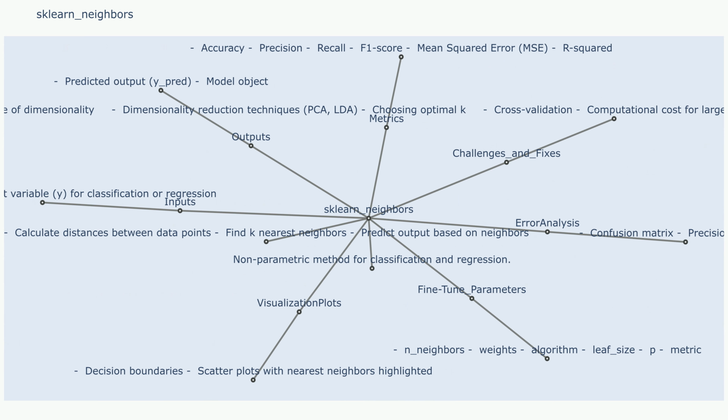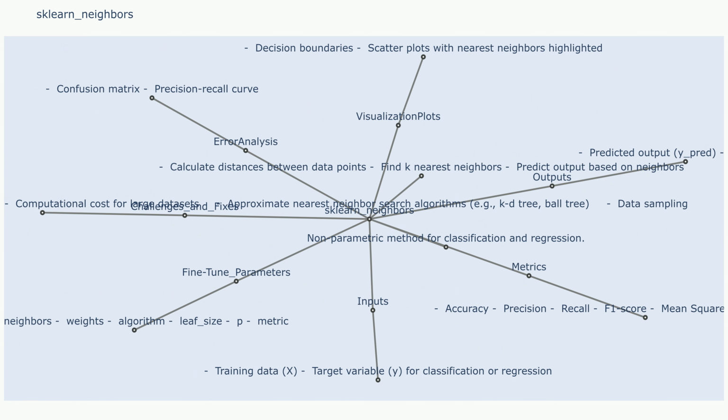Challenge 5. Cold start problem. The KNN model performs poorly for new data points that are far from any existing training points. Sample use case that resulted in Challenge 5. A KNN model trained on images of cats and dogs, where it fails to classify a new image of a bird, as there are no similar images in the training dataset.